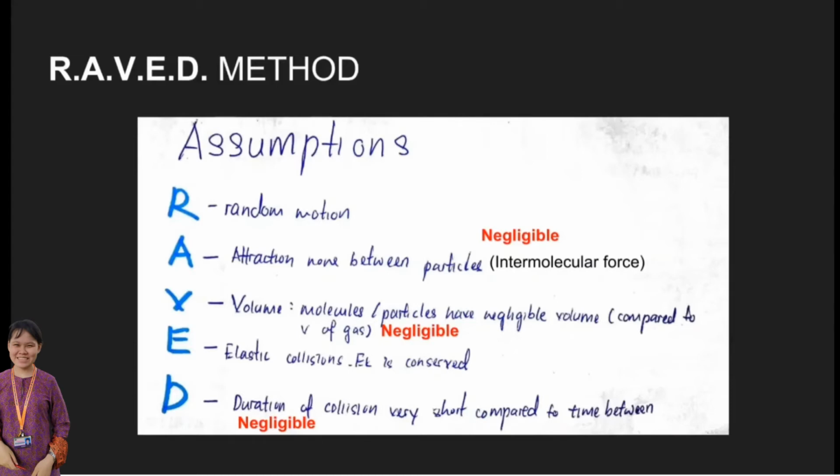And also D, the last one, duration of collision is very short compared to time between. So the duration of a collision is negligible compared with the time spent traveling between collisions. So these are the 5 main assumptions that you can memorize easier.